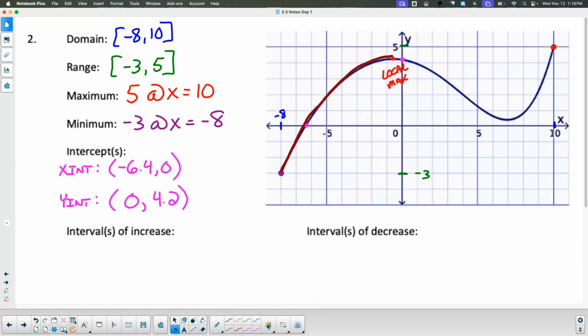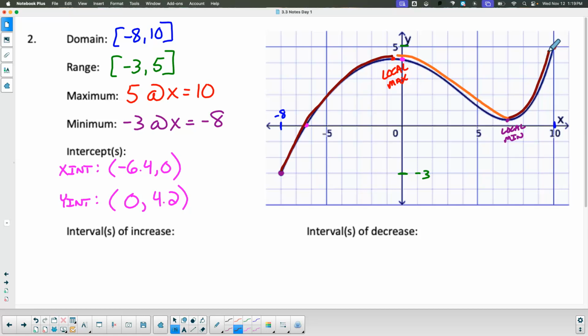Now it goes down, so it's decreasing. Okay. Stop right there. I should have said that this right here would have been a local minimum. Okay. Then what happens? Then it's increasing again, right?